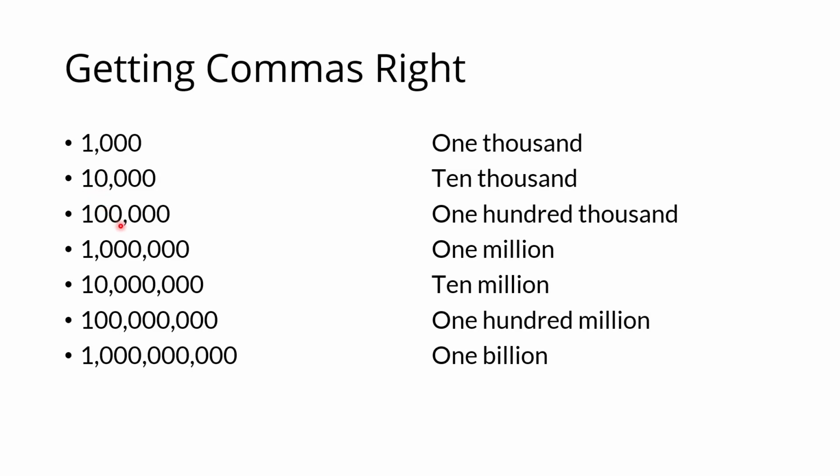With 100,000 we put it after the 100. With 1 million we add an extra comma, so we continue the comma from the 100,000 there, the 1,000 comma, and then we add the 1 for the million, and so on. So every 3 digits we're adding a comma.